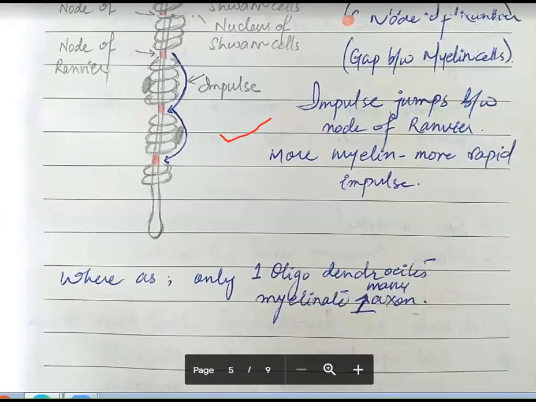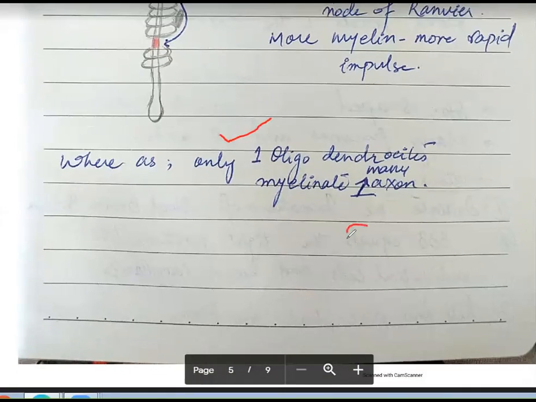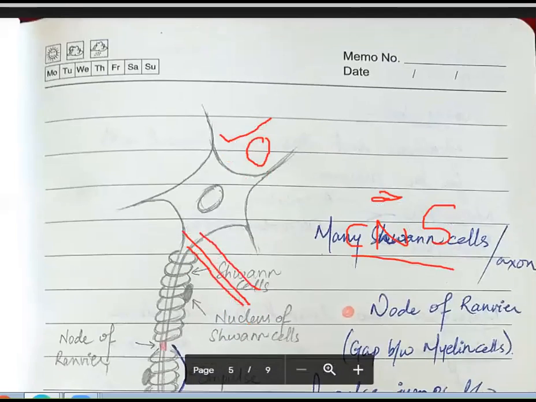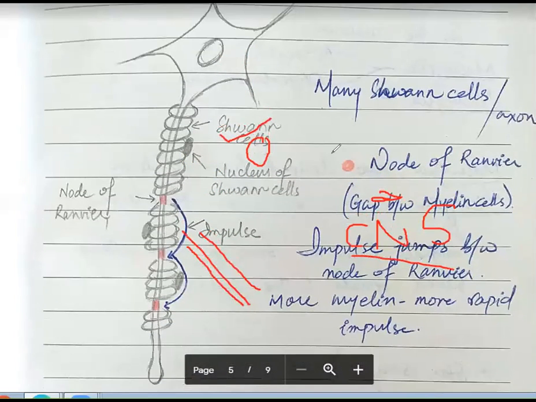But when we talk about the axon of the neuron of the central nervous system, its axon has only one oligodendrocyte. So only one oligodendrocyte will myelinate the axon of the central nervous system, but many Schwann cells can myelinate the axon of the peripheral nervous system. So this is the difference.